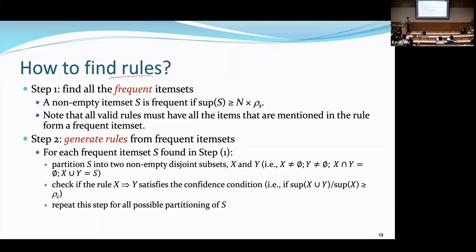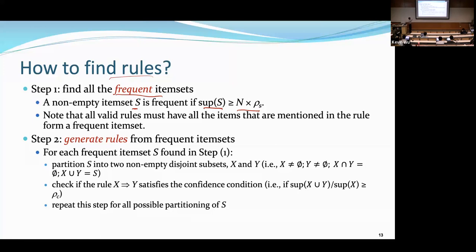The first step involves finding all the frequent item sets from the data set. So what do we mean by frequent item sets? A non-empty item set S is called a frequent item set, or is said to be frequent, if its support count is not smaller than rho S multiplied by N. Again, rho S is the support threshold, and N is the total number of transactions in your data set.